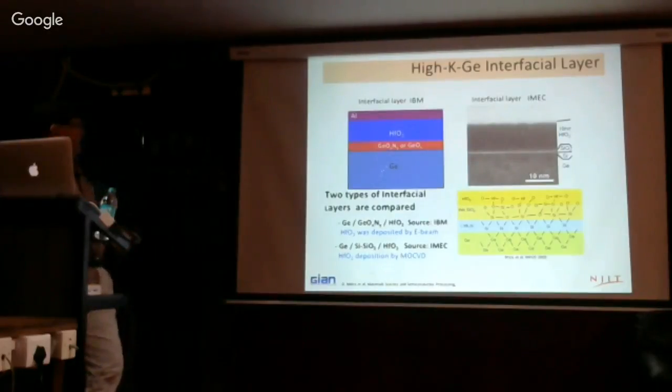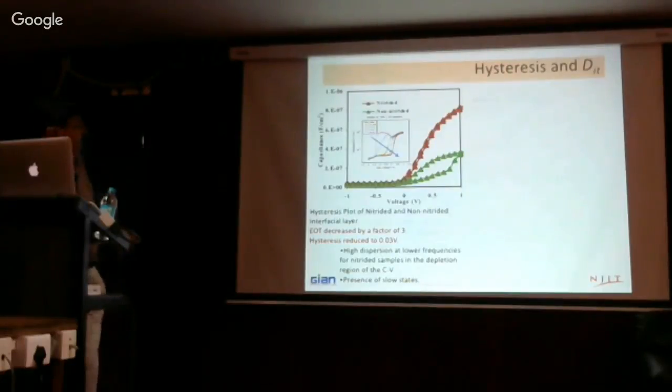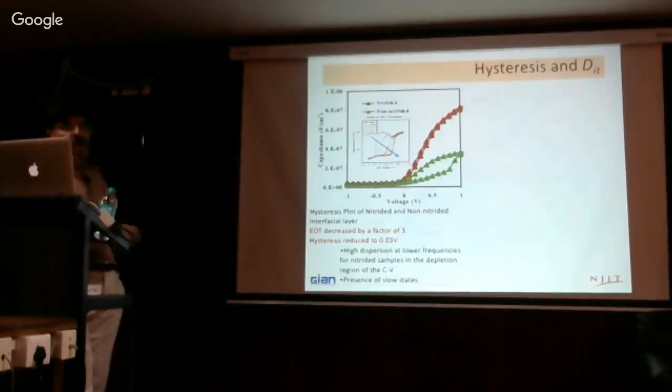And this is the IMEC group, and we collaborate with IBM. We got samples from them. My student went there to make the devices and brought them back. So let's look at some of the characteristics. First of all, this is the initial sample without any nitrogen.